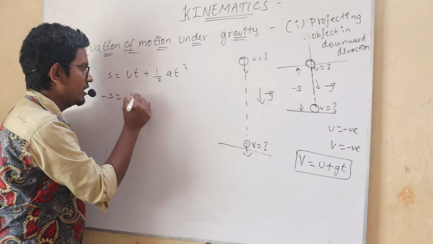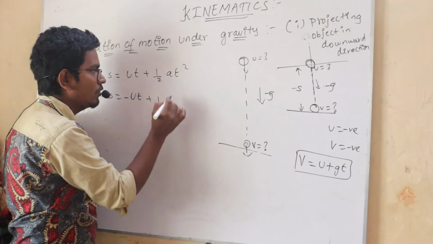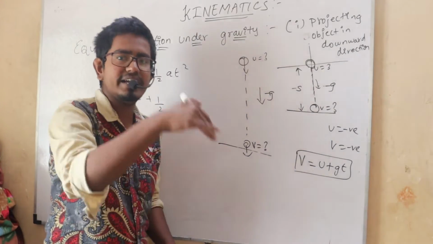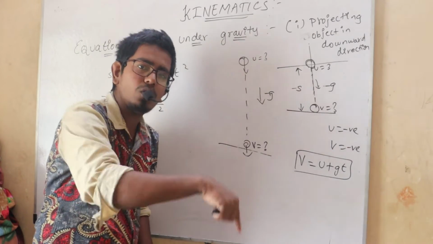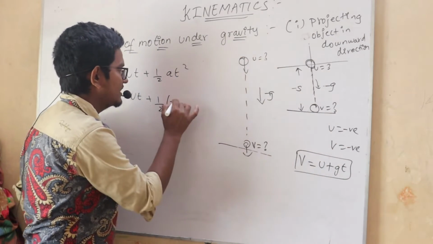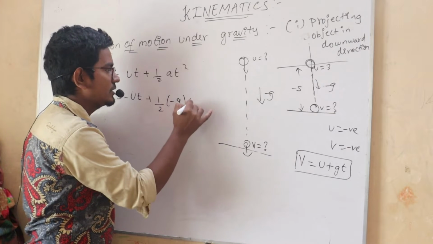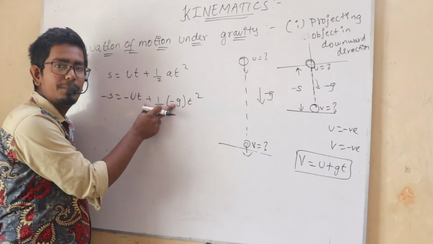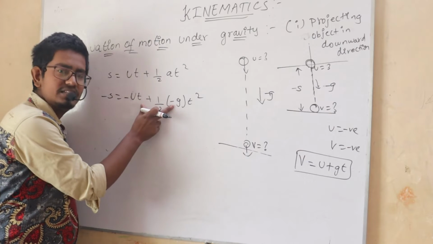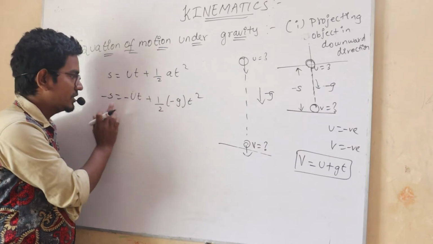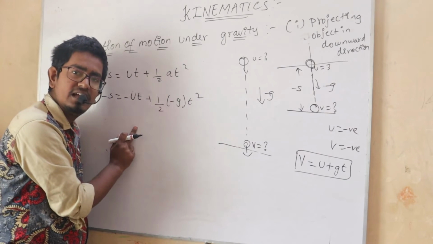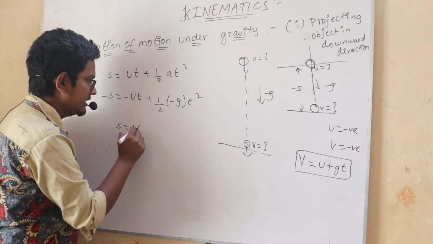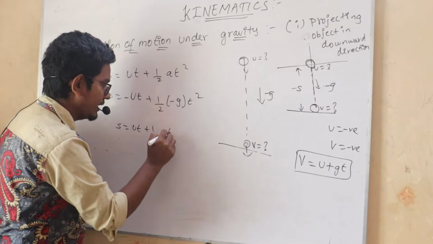Then it is minus u into t plus half into what is my acceleration? Acceleration due to gravity always acts along the negative y direction, along downward direction. Then it is minus g into t square. You can see here minus, here minus, here minus. If I bring the minus out, minus and minus will get cancelled like in the previous case, then s is equal to ut plus half gt square.